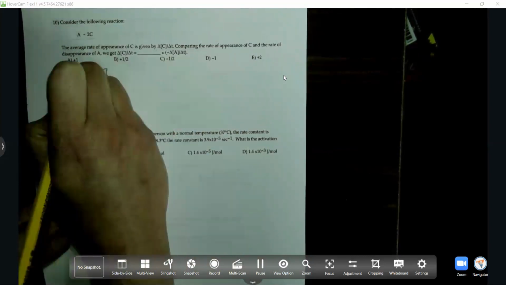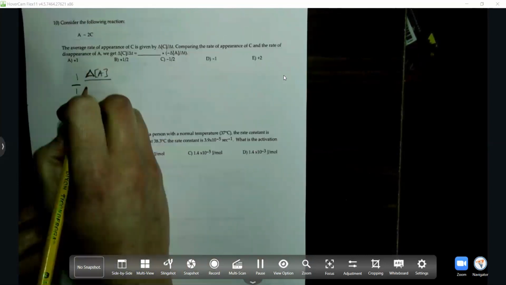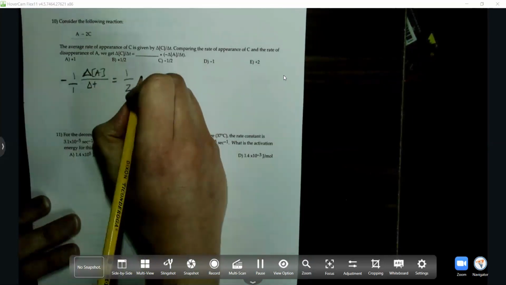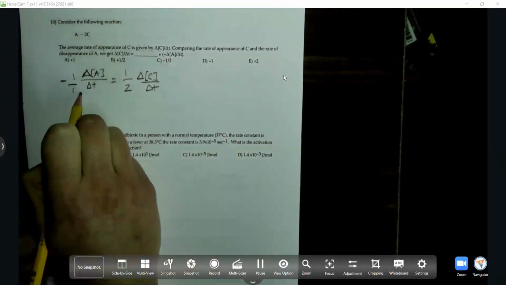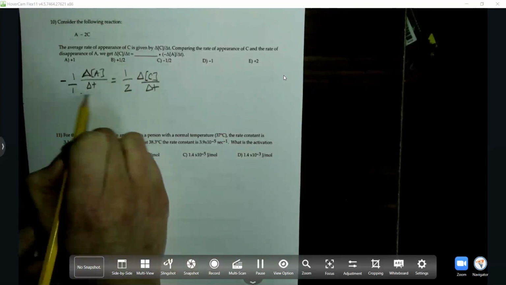So we're going to write that as the reaction is written. 1 over 1 times the change in concentration of A over the change in time is equal to 1 over 2 times the negative change in concentration of C, because it's negative because this is disappearing and this is being formed.